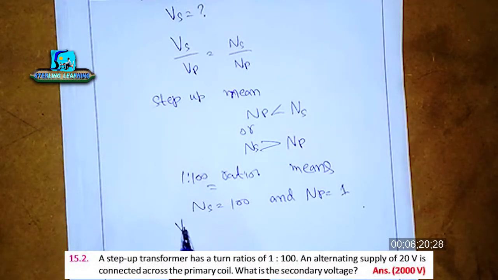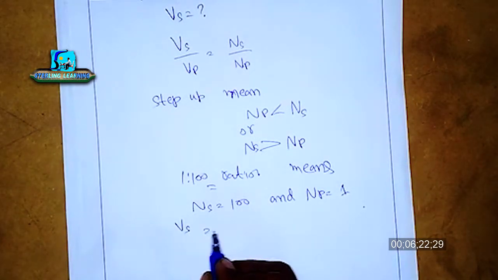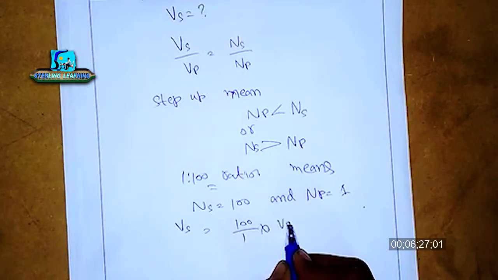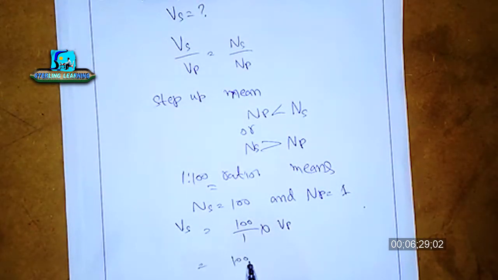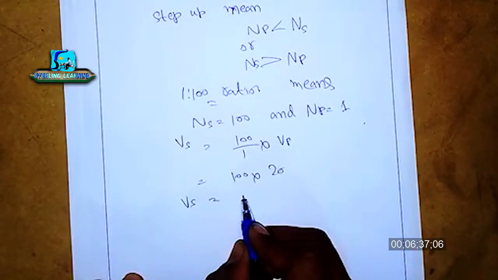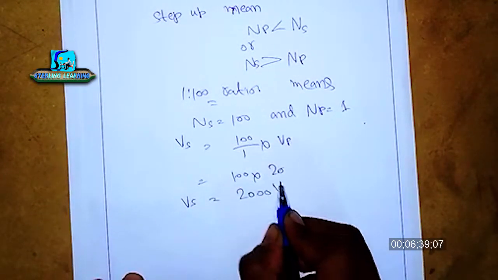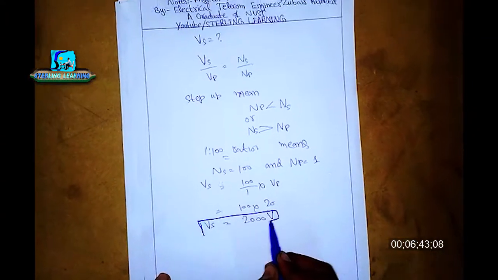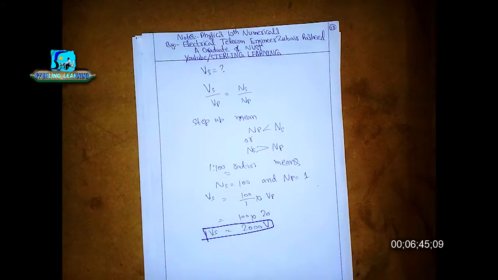So Vs is equal to 100 over 1 into Vp. 100 into Vp, the value of 20 volt. So Vs is 20,000 volts. That's the answer for 15.2.